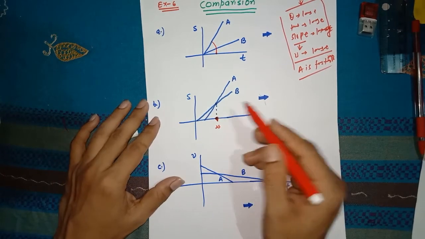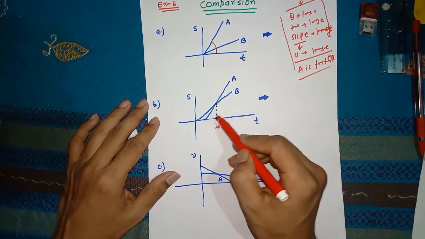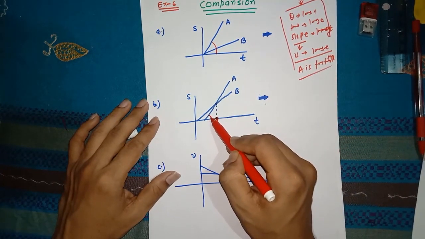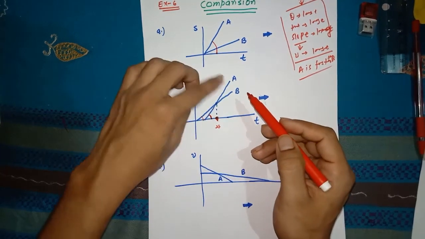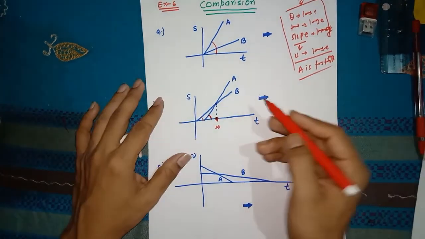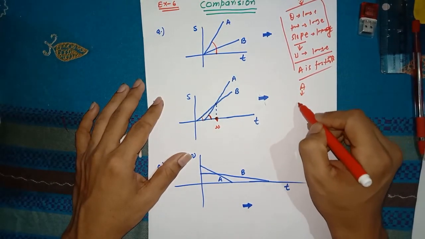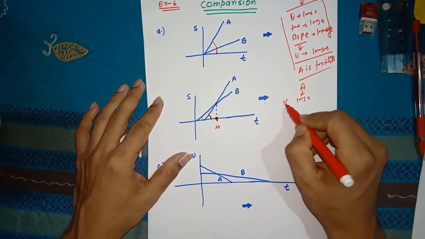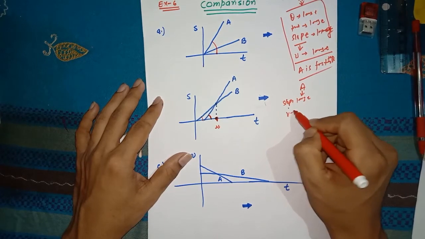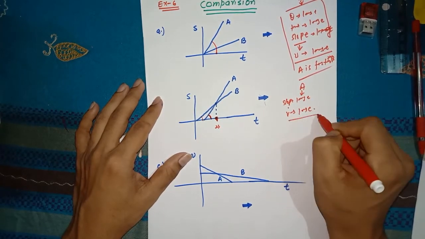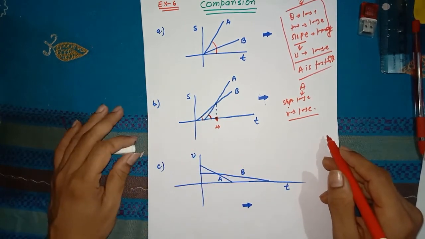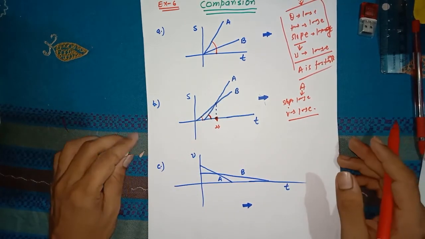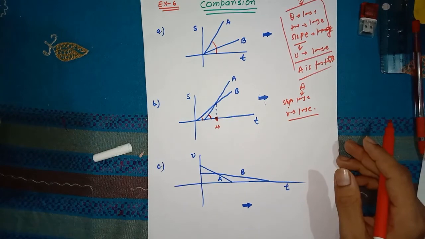That means the slope is different. Here this angle is greater than this. That's why the slope of the ST graph for A is large. That means its velocity is large. That's why it changes its displacement more swiftly than body B.